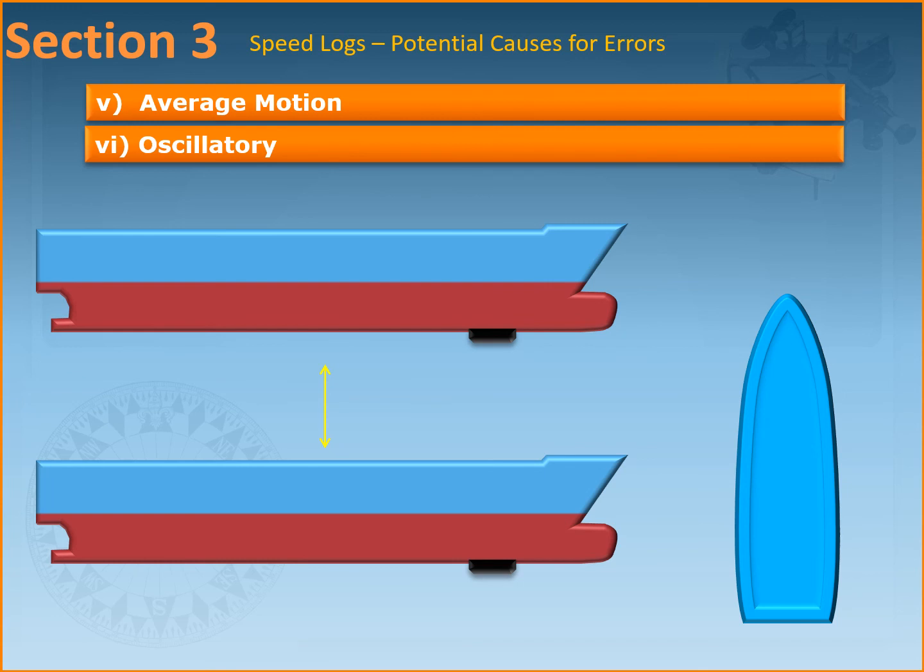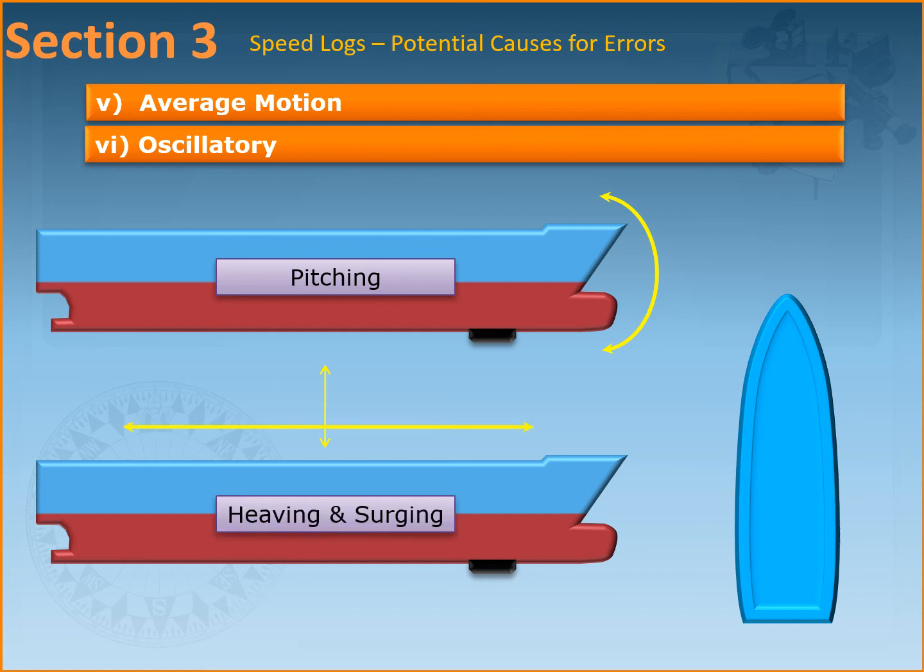Then we have the average motion errors. The first one is the oscillatory error, where instantaneous readings may be in error when pitching, rolling, heaving, and surging. In pitching, for example, the log sensor is mounted well below the pitching center and probably well forward or well aft of it. The pendulum effect means considerable linear acceleration of the sensor, causing errors which can be significant.